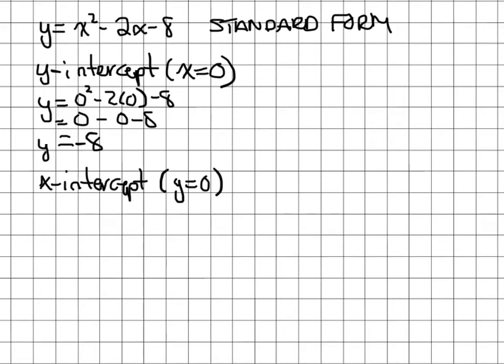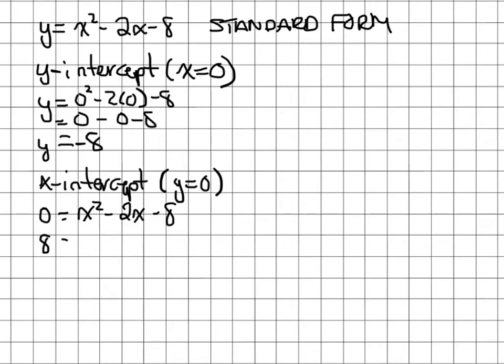So as we know how to substitute, I'll have 0 equals x squared minus 2x minus 8. And most of us think, okay, I'm just going to solve for x. So if we go through that process, that means that I'm going to add 8 to both sides because I want to isolate x. So to get rid of this term here, I have to add 8 to both sides.